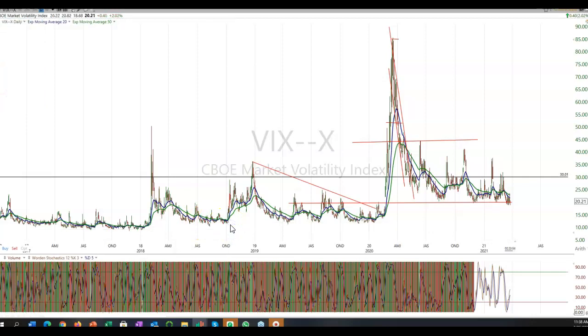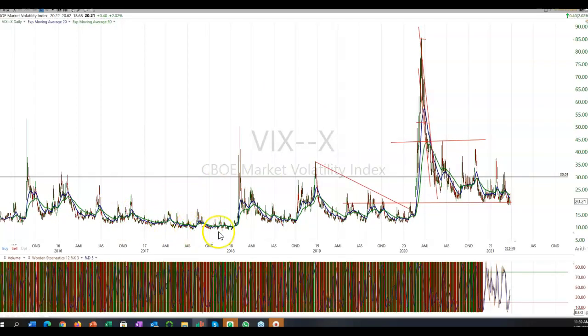Anytime the VIX got below 10, we would call the market overbought. But it could stay down there for a long period of time, and then we see these big spikes, and this is your fear. So when you get overbought, then you usually get a correction, and then you go into an oversold.